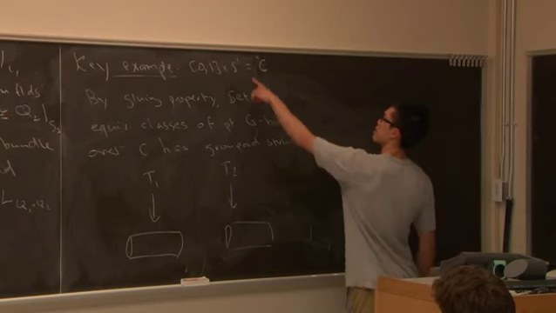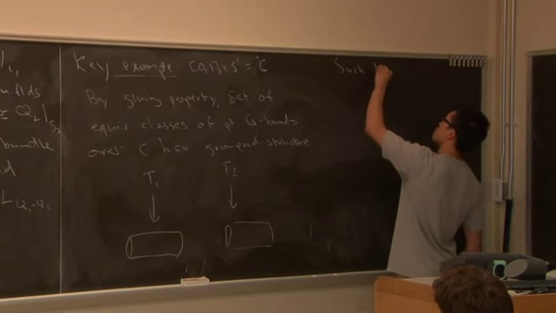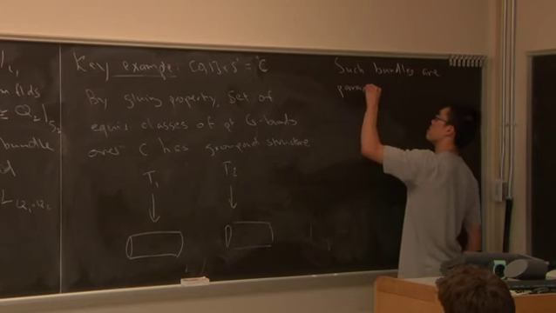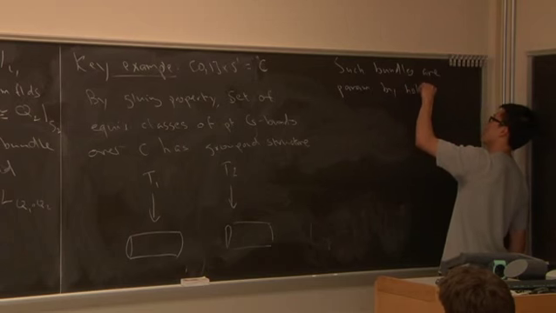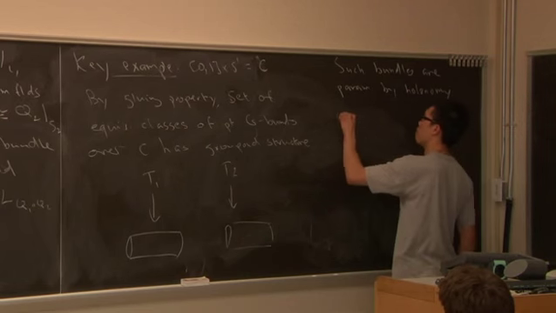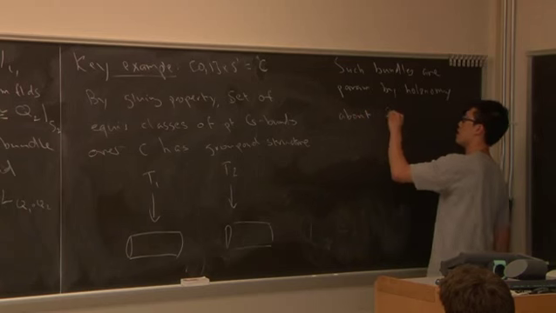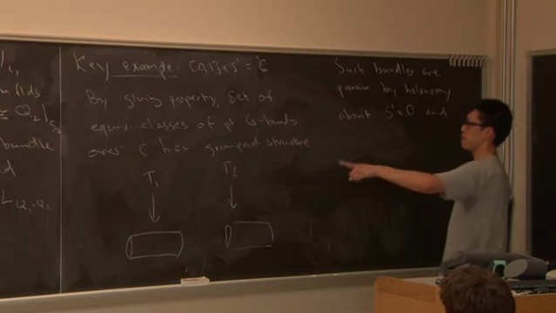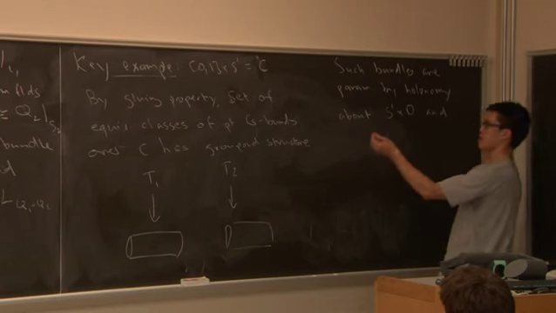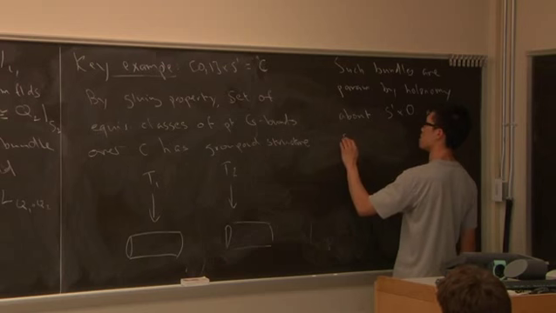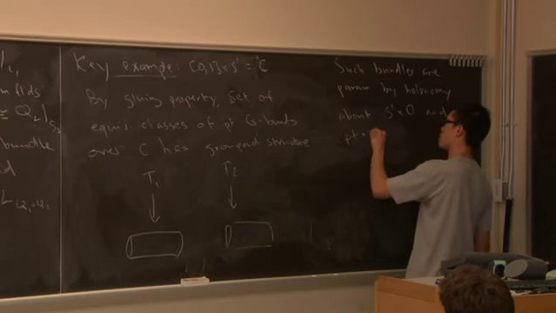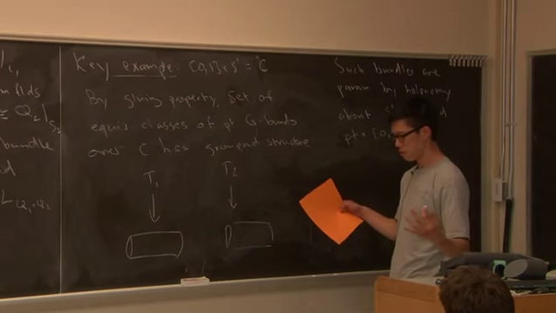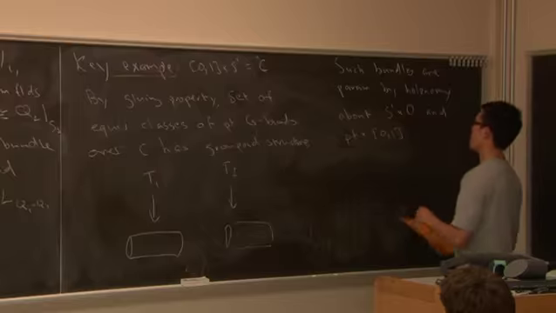The thing to note is that such bundles are parameterized by the holonomy about S1 cross 0, and so the boundaries are parameterized, right? So I have some marked point on it. I can say that I was using point cross 0, 1. So those are going to be some elements of your group, right?